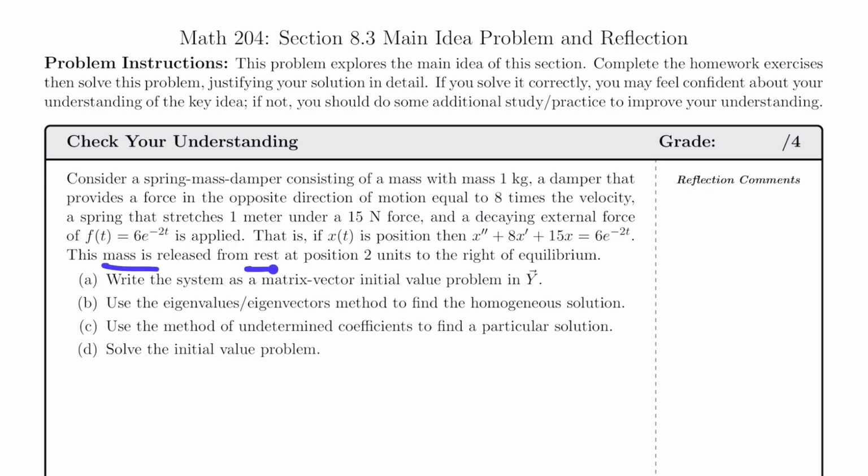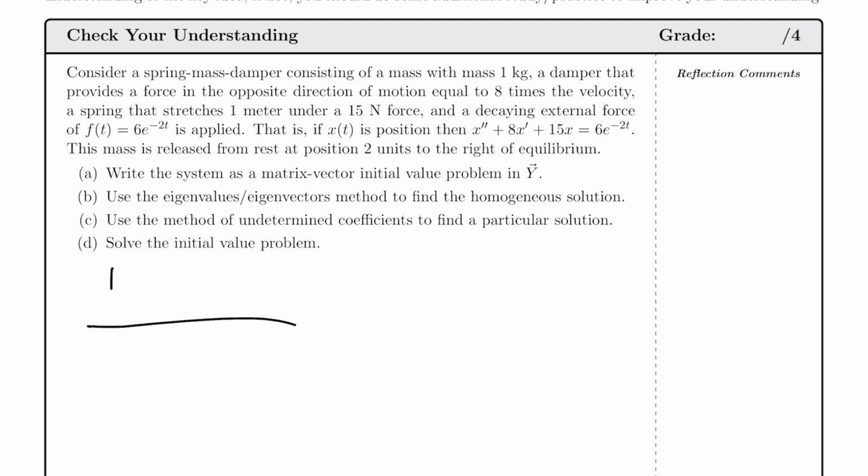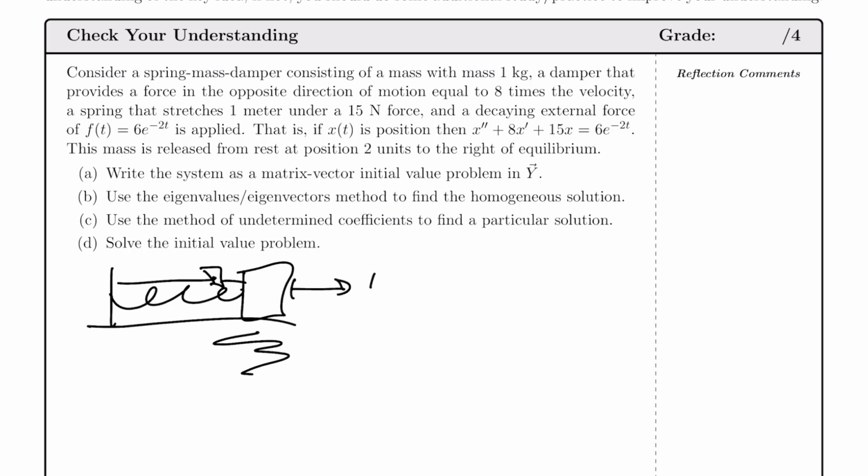And then the mass is released from rest at position 2 units to the right of equilibrium. So the idea here is you've got a spring mass damper set up, and that mass is going to oscillate left and right, but there's an external force, F of t, pulling it to the right at 6e to the negative 2t newtons of force, and then we have that initial condition, x of 0 being 2 and x prime of 0 being 0 because it's released from rest at position 2 units to the right.